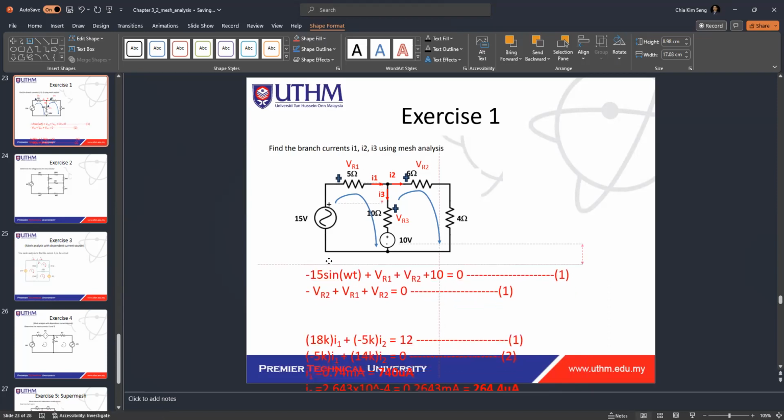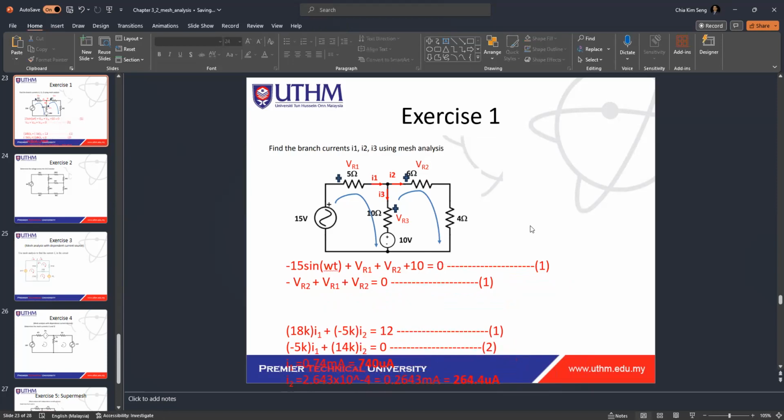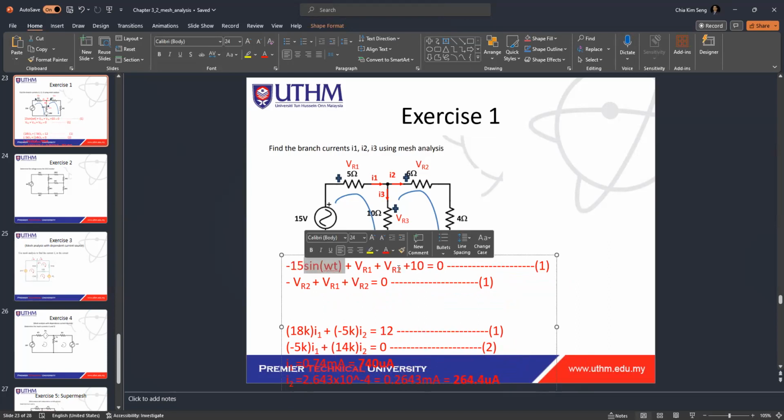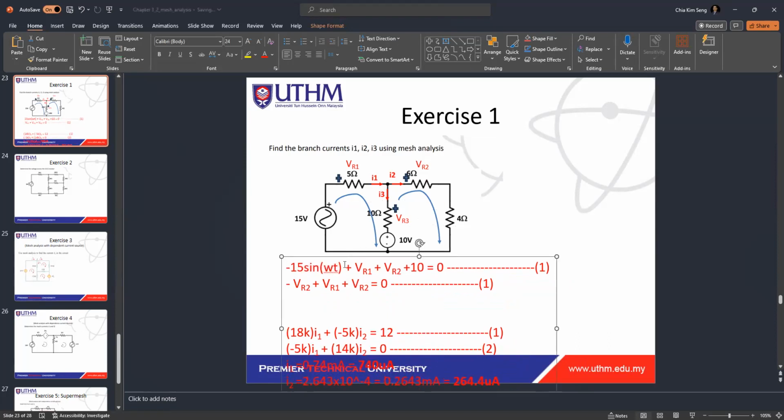But normally we will make it DC, so we assume here is a typo. Otherwise you need to maintain AC, because we cannot merge the AC and DC at the same time. So now we maintain it first. Later on we assume it's DC and remove the sine omega t.